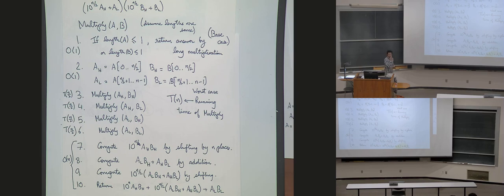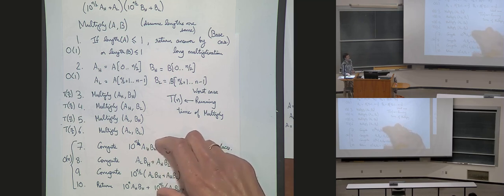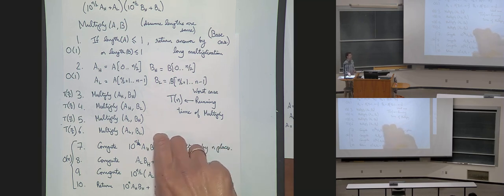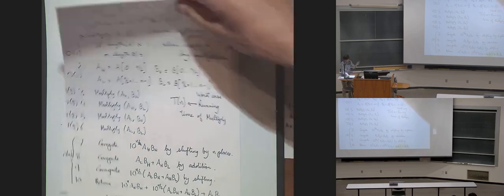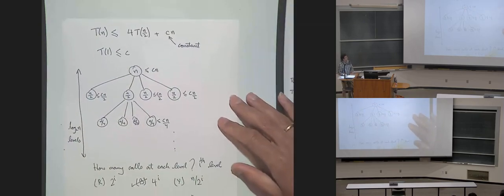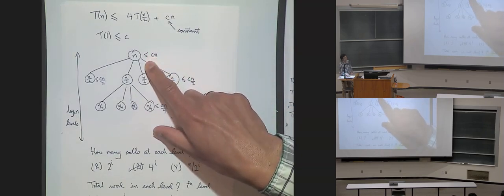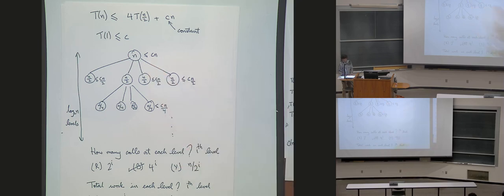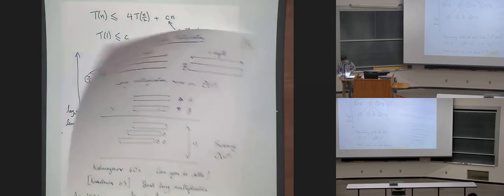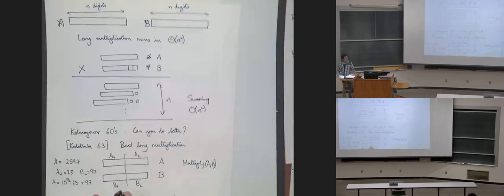Okay? So back to the summing part. By the way, is this clear? So this addition is linear in the size of the input, right? Okay. So now the summing part, you mean this part here, long multiplication?